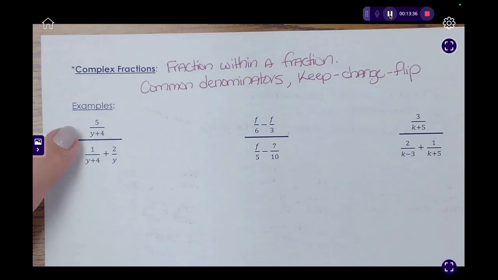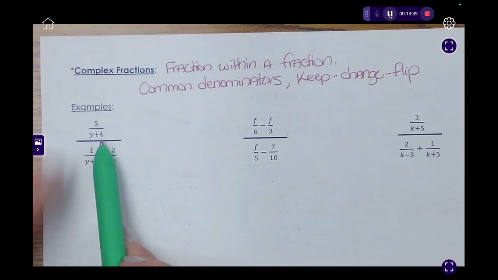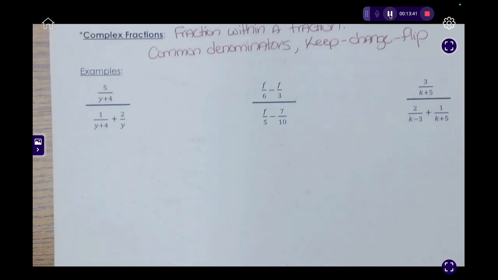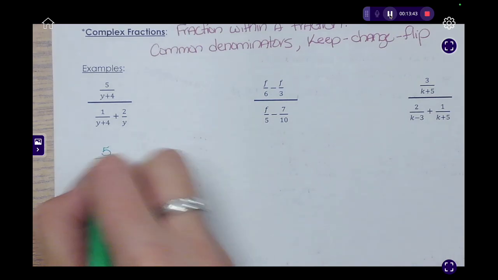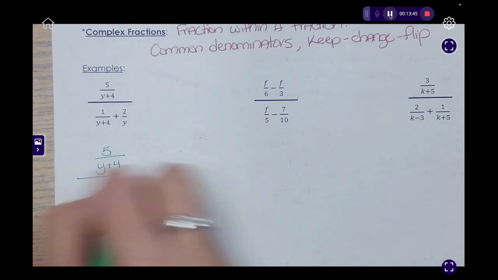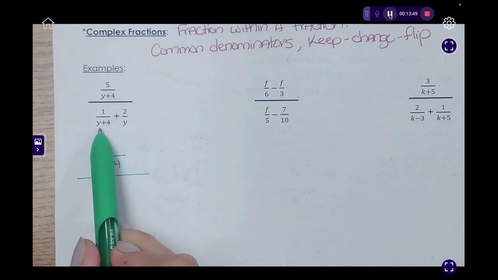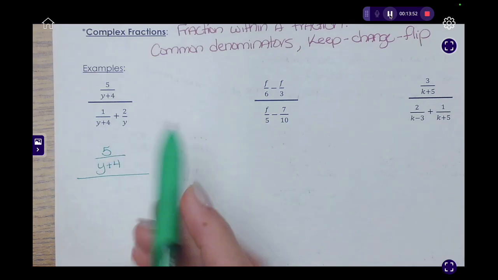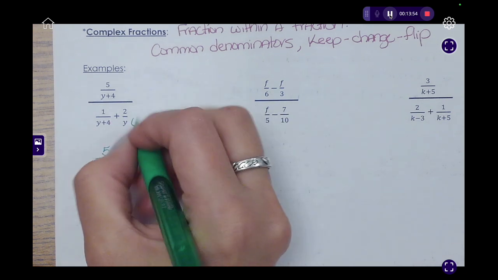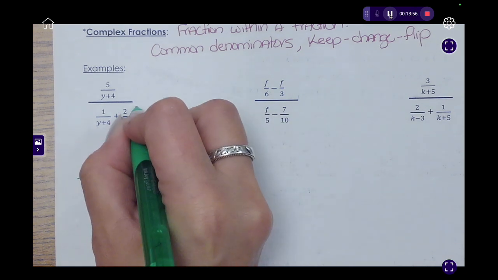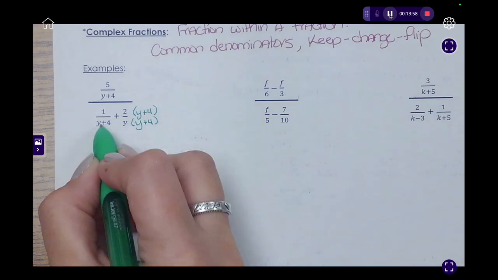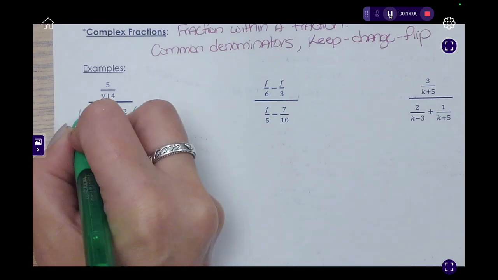Okay, so looking at this first one, nothing to do on the top. We're good there. So I'm going to rewrite this. That top part is staying the same. Okay, on the bottom, if I want to add these two, I need to get a common denominator. So that means here on this side, I'm going to be multiplying by y plus 4. On this side, I'm just multiplying by y.